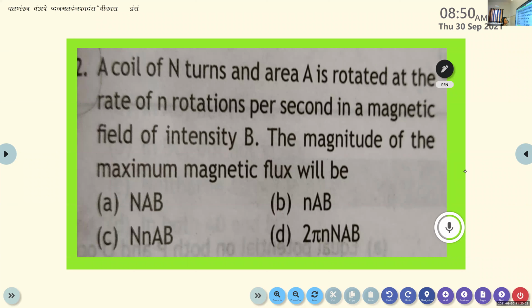Emmanuel, option D, ma'am, 2 pi NAB. D or B? D. Okay. Then any other options? Michael? Anthony, what about your option? D. Option B. B or D?